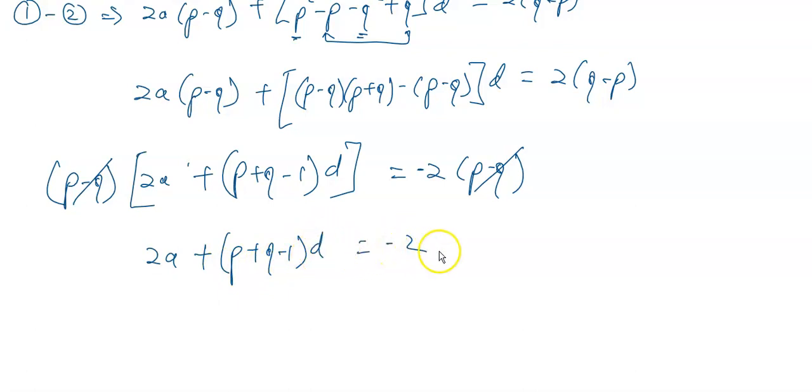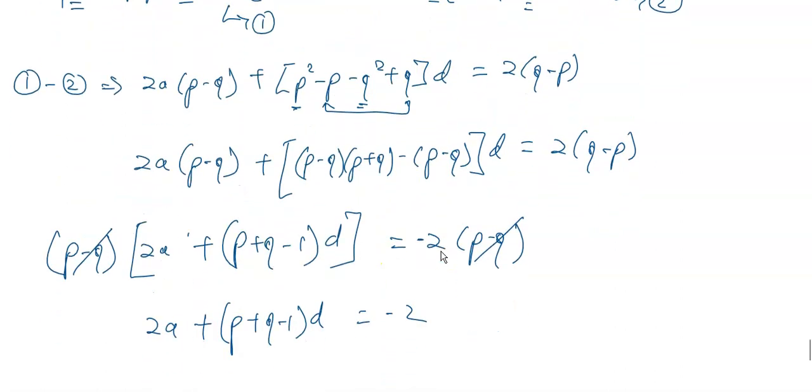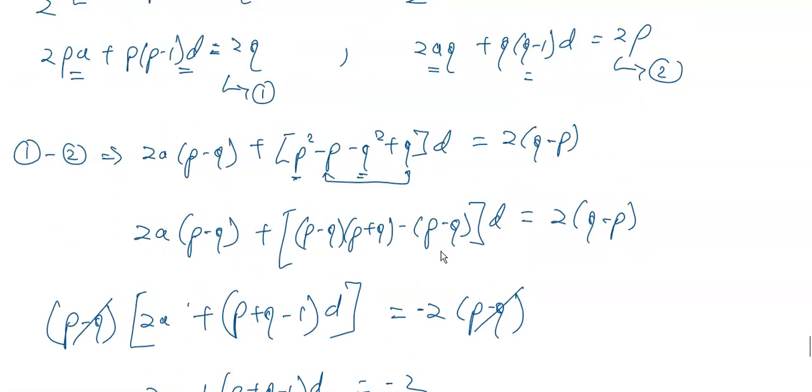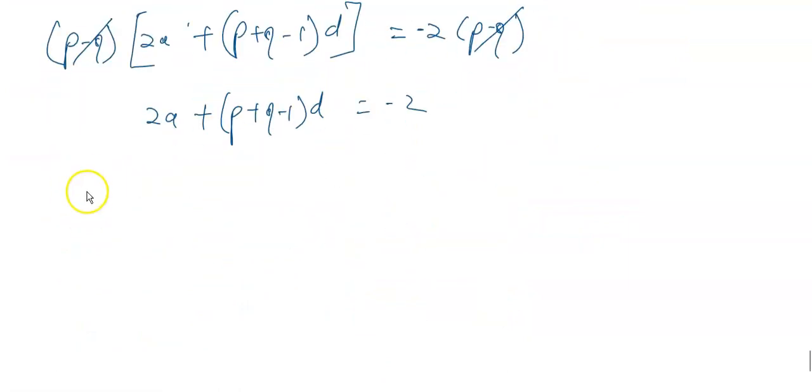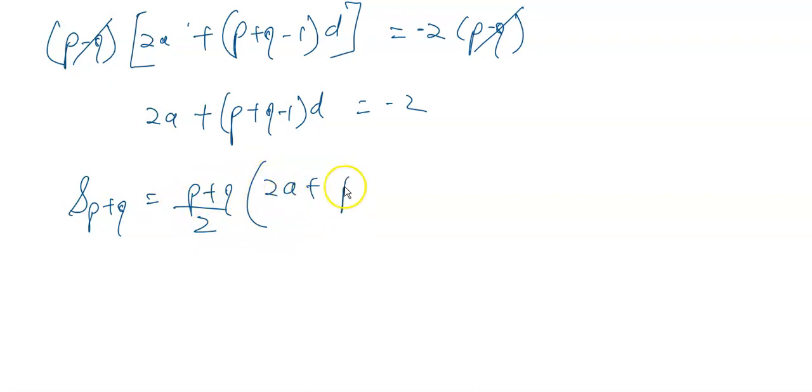Correct. Now we need to find the sum of p plus q terms. So sum of p plus q terms is equal to p plus q by 2 into 2a plus p plus q minus 1 into d.